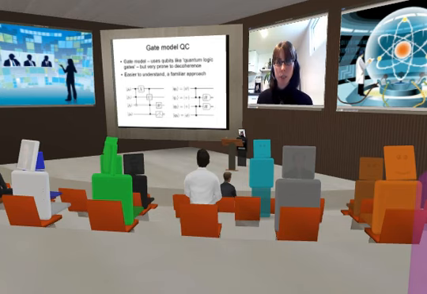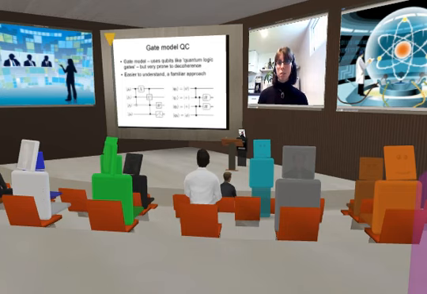Okay, so just a little bit about the two main models that I mentioned before. The gate model, just to remind you again, is the actual architecture that you would use to build your quantum computer. The gate model is the most common, the most popular model for quantum computing, because it's a very familiar approach and easy to understand.